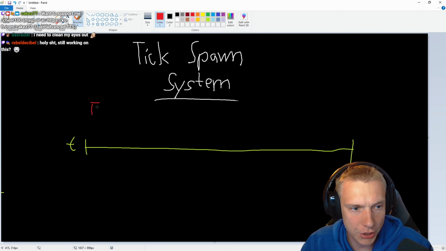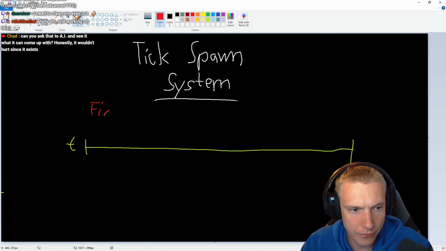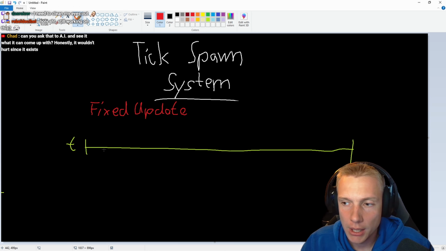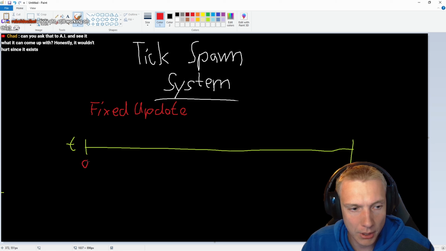It's called fixed update. The fixed update happens in fixed steps. So when you start on 0 here, your first update will be fixed.